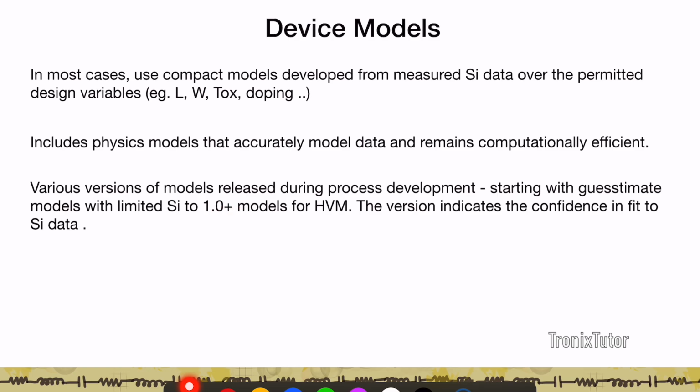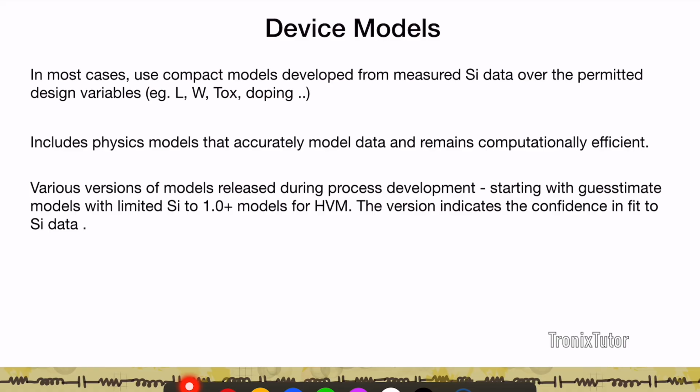So an example would be that in the initial models, there might be a huge variation put in between the weak model and the strong model, say for a transistor. And as the process matures in the foundry, you'll see that this variation reduces, right? So the model tightens as the foundry learns more on the node.